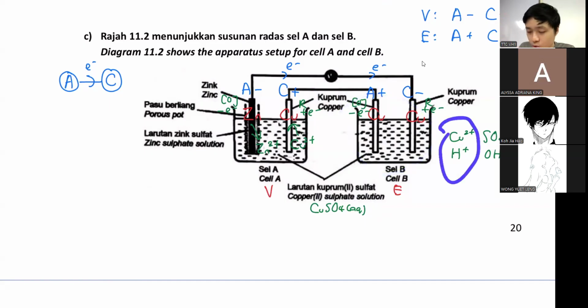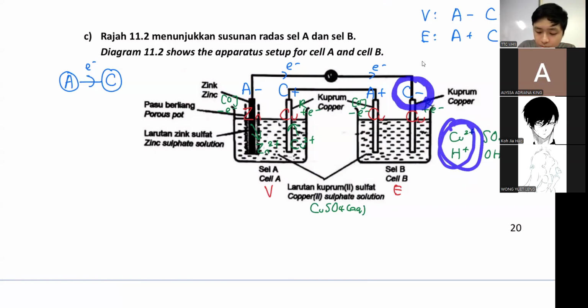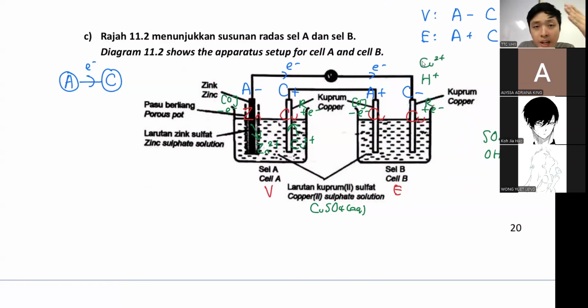And then you have to know which one goes to the anode and which one goes to the cathode. Remember, positive ions are known as cations. Cations go to the cathode. Negative ions are known as anions. Anions go to the anode. No problem.